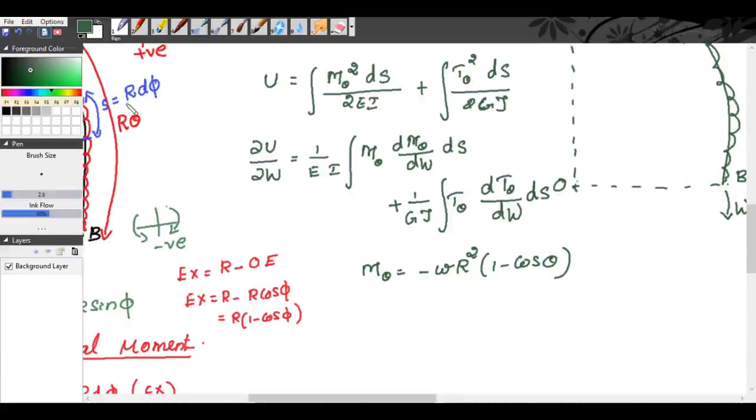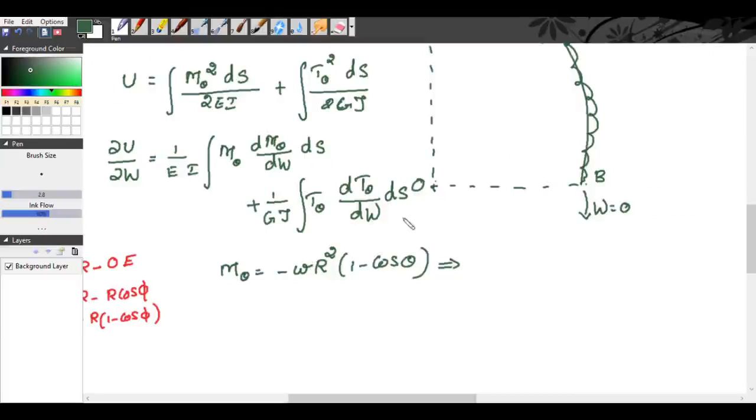See, the intensity of load is taken as small w and this concentrated load is taken as capital W. So we are going to find dM theta by dW.